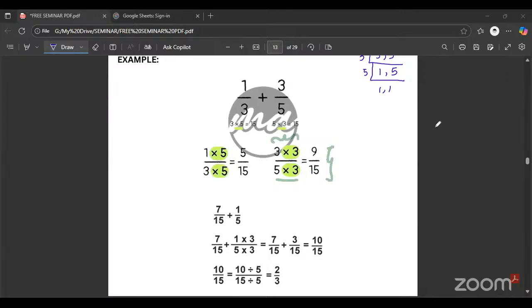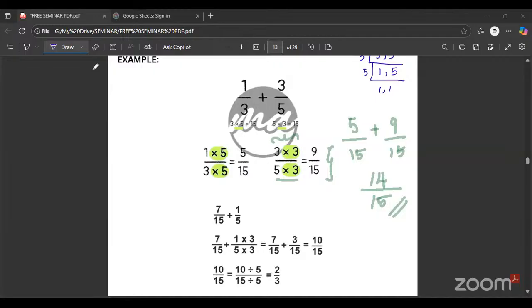After getting these two, you can say 5 over 15 plus 9 over 15. What's 9 plus 5? 14. So it will be 14 over 15. That will be your answer.